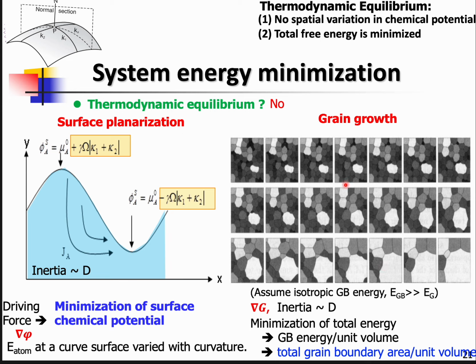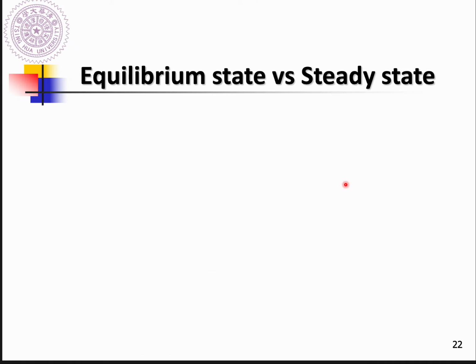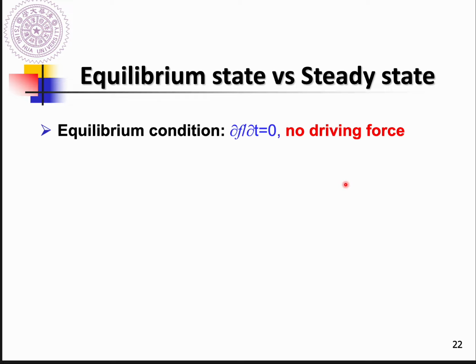So both these cases belong to kinetic processes. Okay. So I'm going to give you a short summary to identify the equilibrium state and the steady state. The equilibrium state condition, defined by thermodynamics, tells us the state function does not change with time, and also there's no driving force involved in this system.